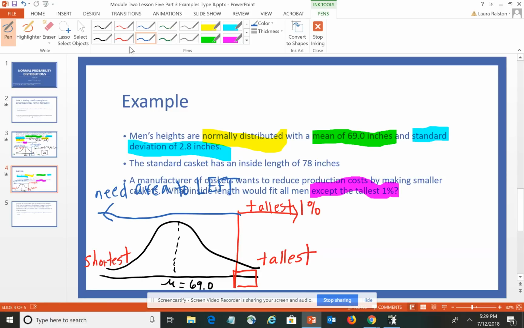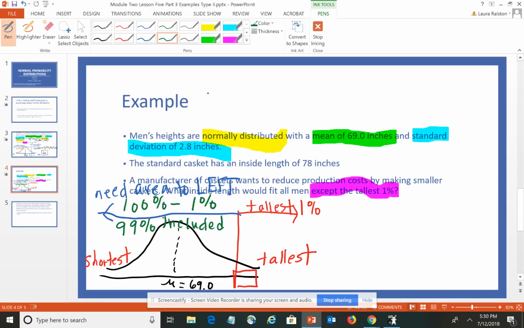Well, if the total area under the curve is 100%, which we talked about earlier, 100% minus the 1% we're going to exclude leaves 99% that would be included or be able to fit in the caskets. So you're really going to use the 99% in your calculations because you need the area to the left.